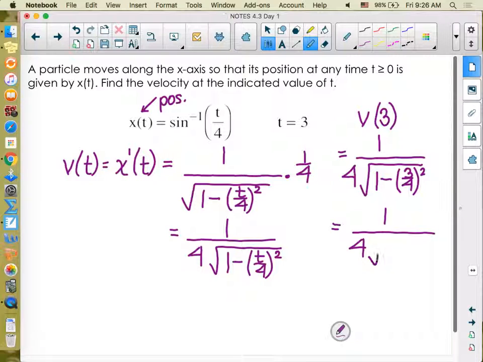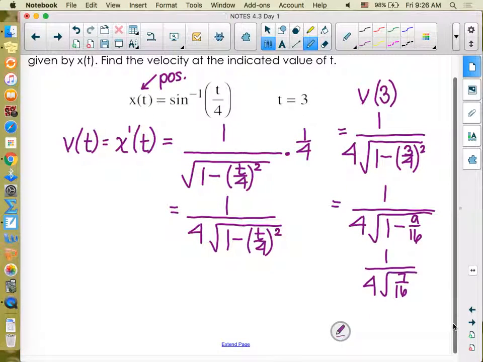We'd have 1 over, and this becomes nothing about calculus, 4 square roots of 7/16. And eventually, again, doing some square root work, pulling out that 1/16, eventually you could end up there. You don't need to simplify it too far, but be aware of the possibilities for that simplification.